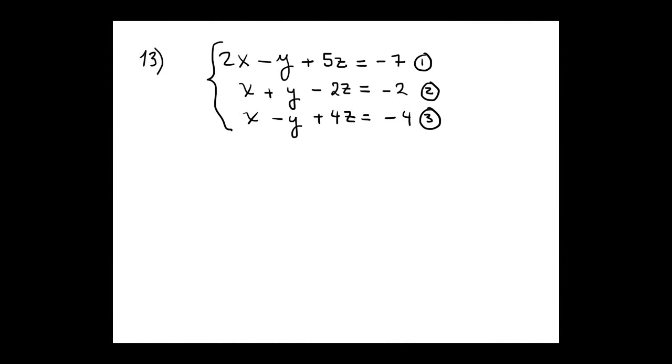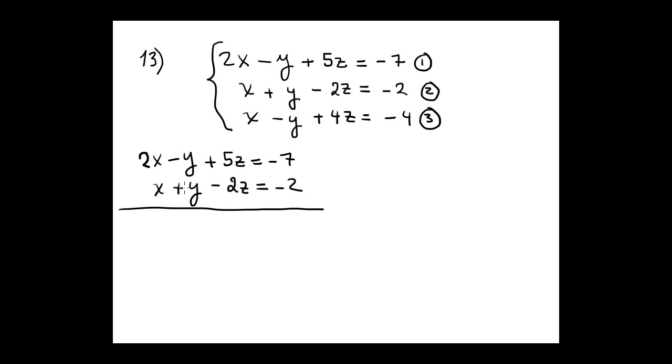Okay, this is question 13. For example, in this case, I propose to pair equation 1 and equation 2. Let me copy. 2x minus y plus 5z equals negative 7, and x plus y minus 2z is equal to minus 2.